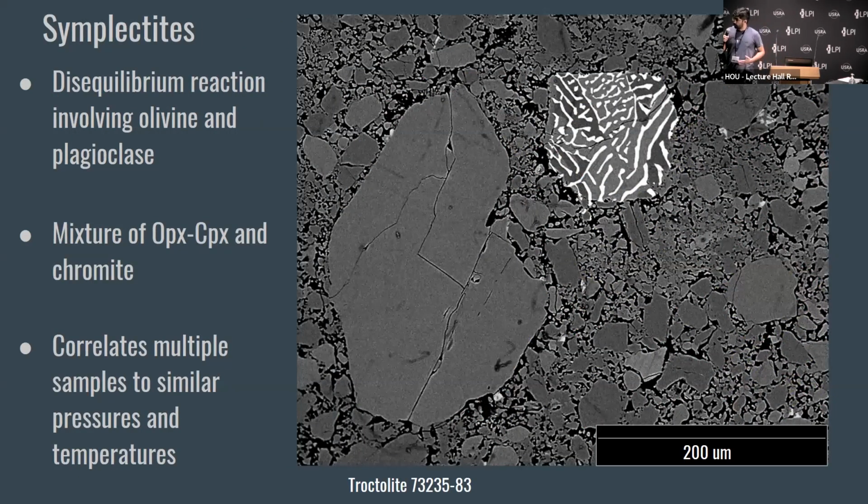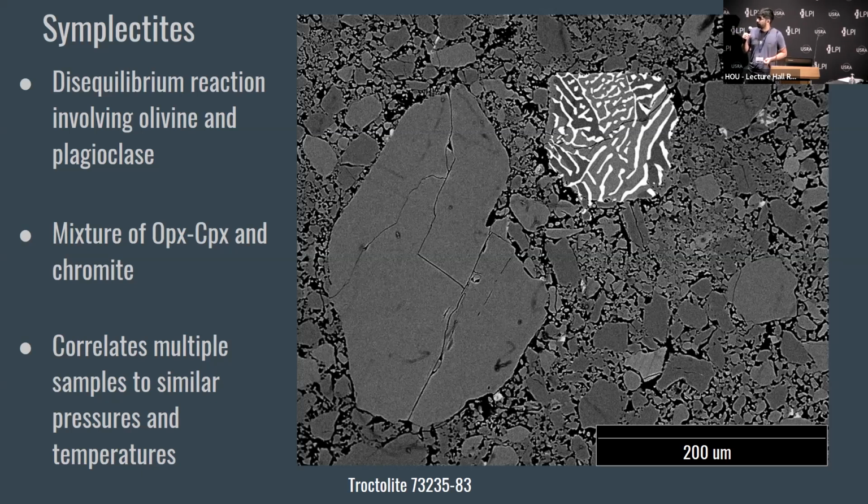Another thing that we compare these rocks by is the appearance of symplectites, which are most abundant especially in the troctolites. Symplectites have been associated with a disequilibrium reaction involving olivine and plagioclase. The explanation for why we would get these textures in multiple different rocks is that all of these rocks have gone through a similar process of subsolidus recalibration, most likely.